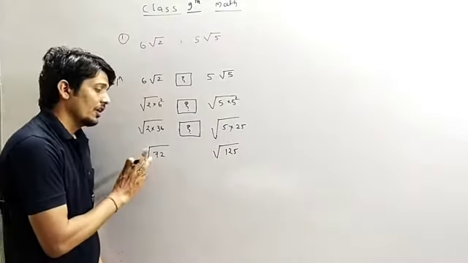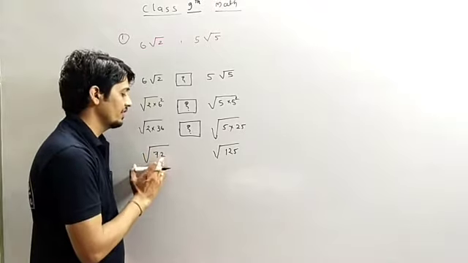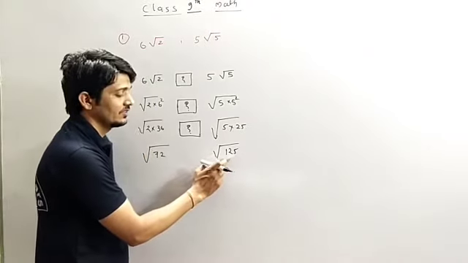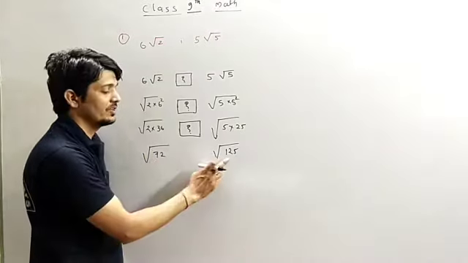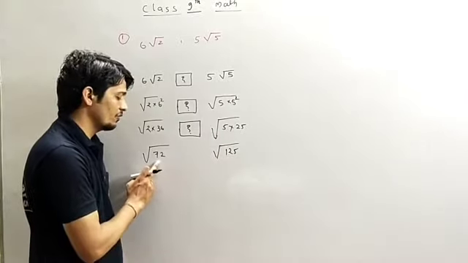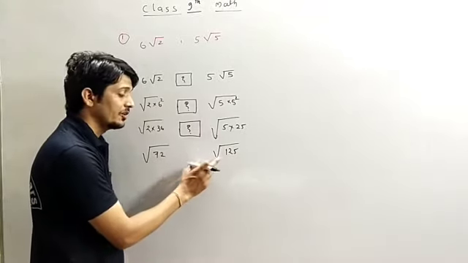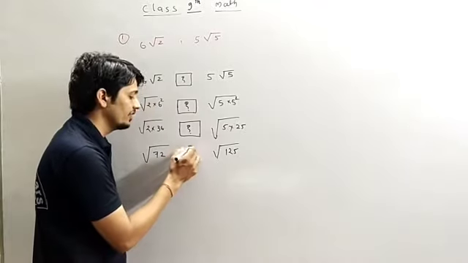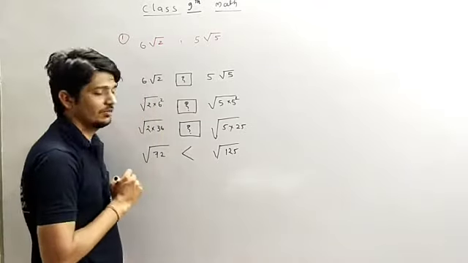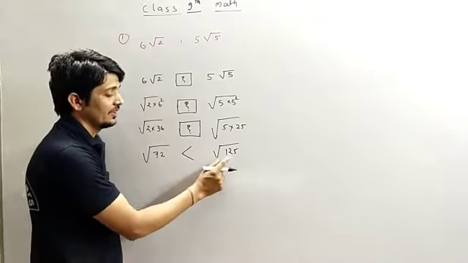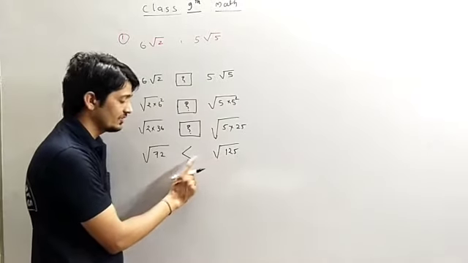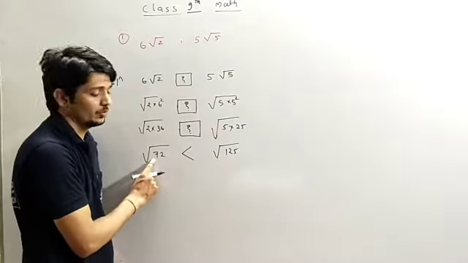See, now we can tell that this surd is greater than this surd, because here we have 125 and here we have only 72. That means this is greater than this. Therefore, we have to put this sign. Root 125 is greater than root 72.